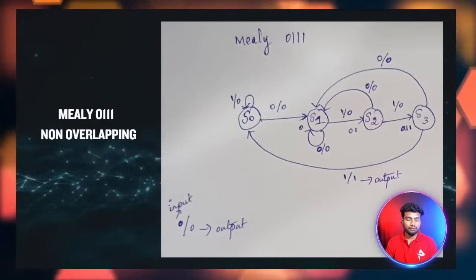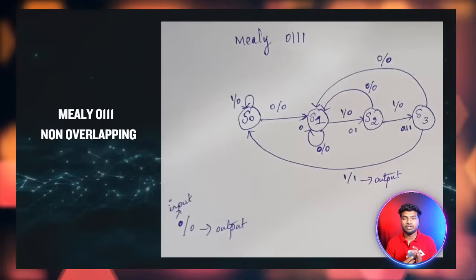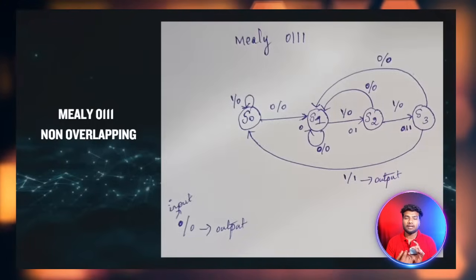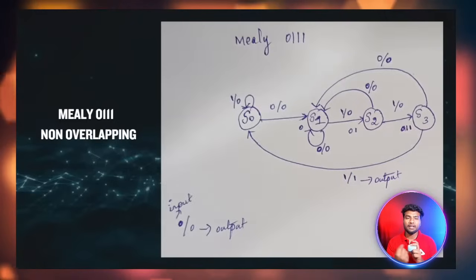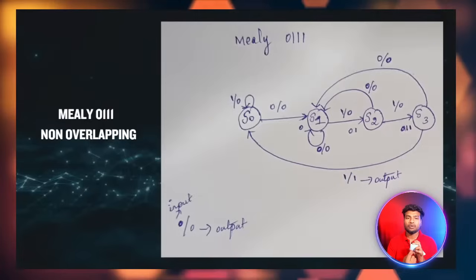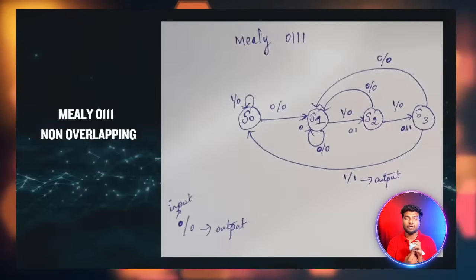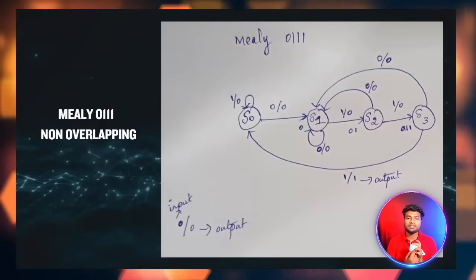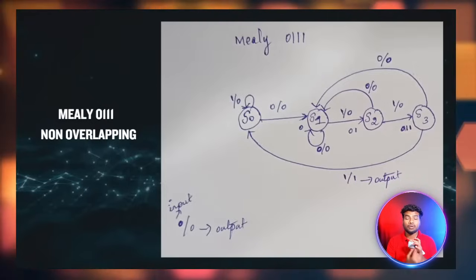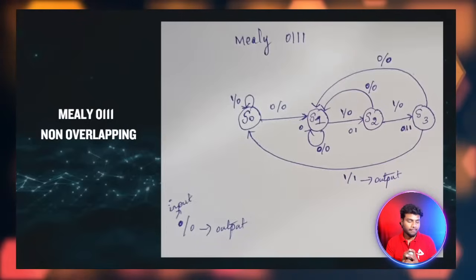This is the Mealy machine, a box that does the non-overlapping technique. Here I am getting binary inputs one by one, and it detects them one by one. Once I get the binary input 0, 1, 1, 1, it will blink the LED, indicating that I got the output sequence 0111. This is how it works.